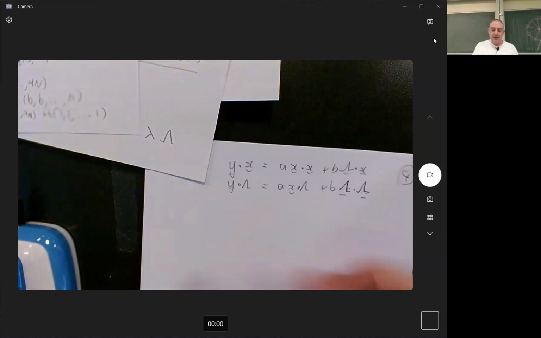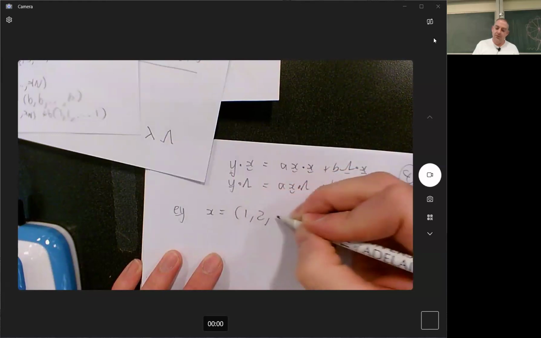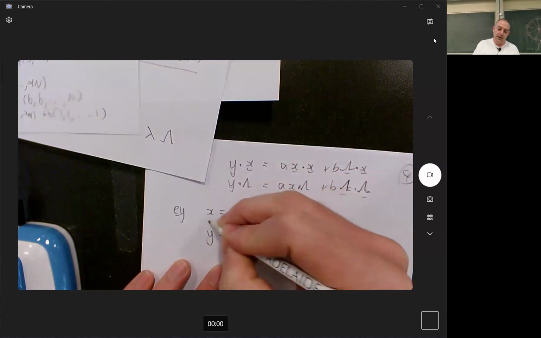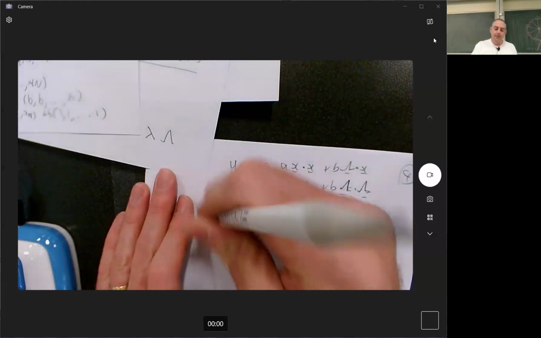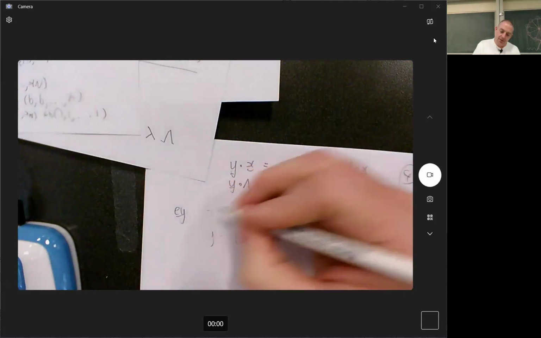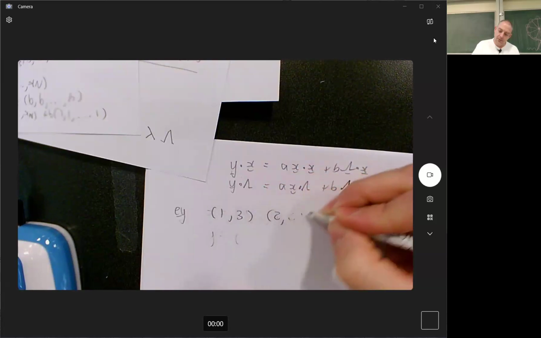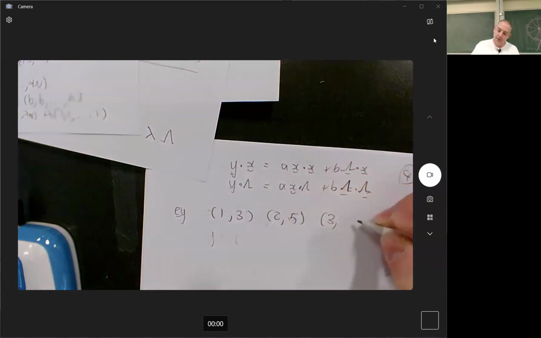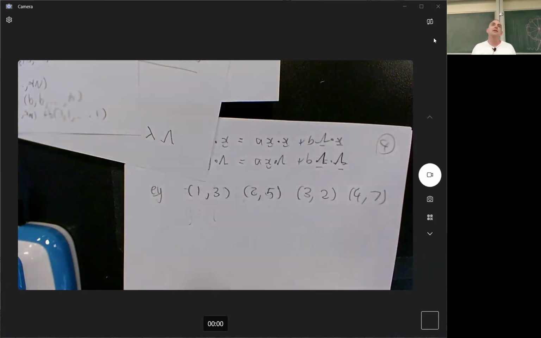So what they actually did is they did something like saying x is a list of some numbers, and y is, no, wait. I will write those again in a second, but they wrote something like 1, 3, 2, 5, 3, 2, 4, 7, something like that. And then said, find the line of best fit via orthogonal projection.